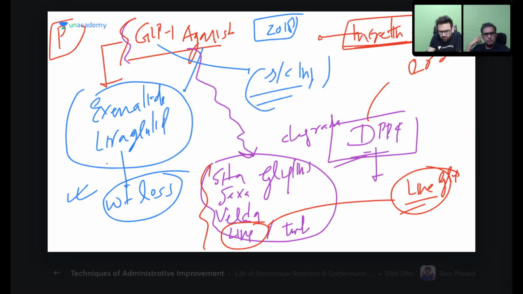Okay, what is the most common side effect of gliptins? Yes, very good, nasopharyngitis. Pancreatitis is not the most common; you should avoid giving gliptins there, but the most common is nasopharyngitis.